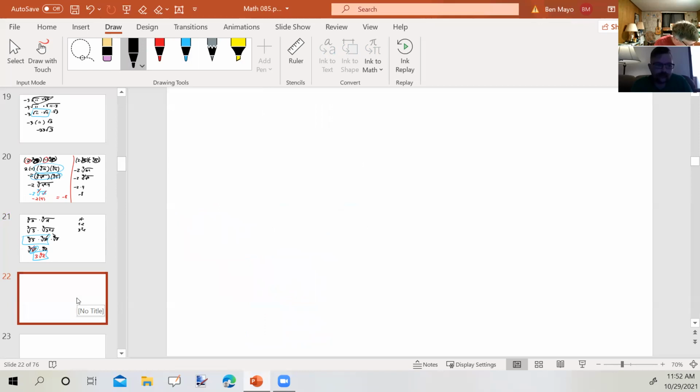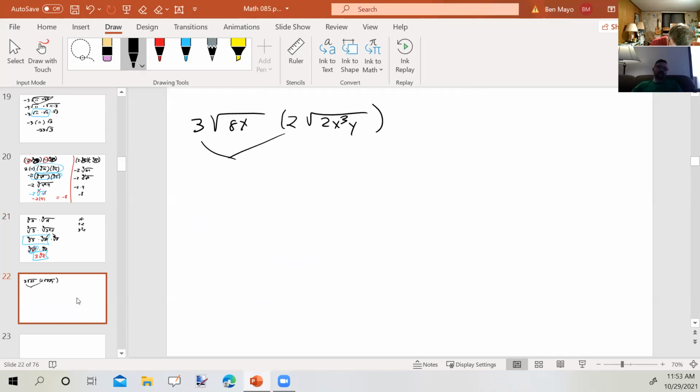How about this one? 3 times the square root of 8x times 2 times the square root of 2x cubed y. All right. So I could put these together, the 2 and the 3, and have a 6.